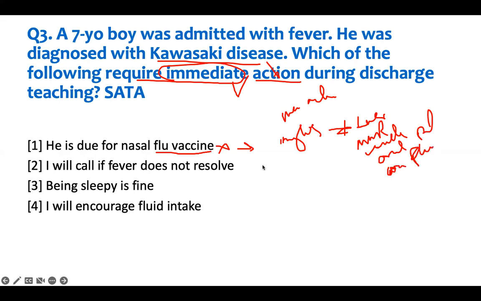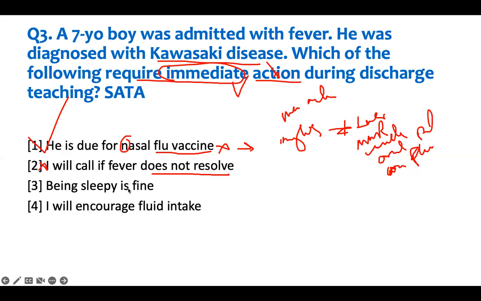These are the live vaccines. So this one, you've got to intervene. The kid cannot get the flu vaccine that is nasal. I will call if fever does not resolve. Yes. Presence of fever means ongoing aneurysm risk. So this one, I don't need to intervene.